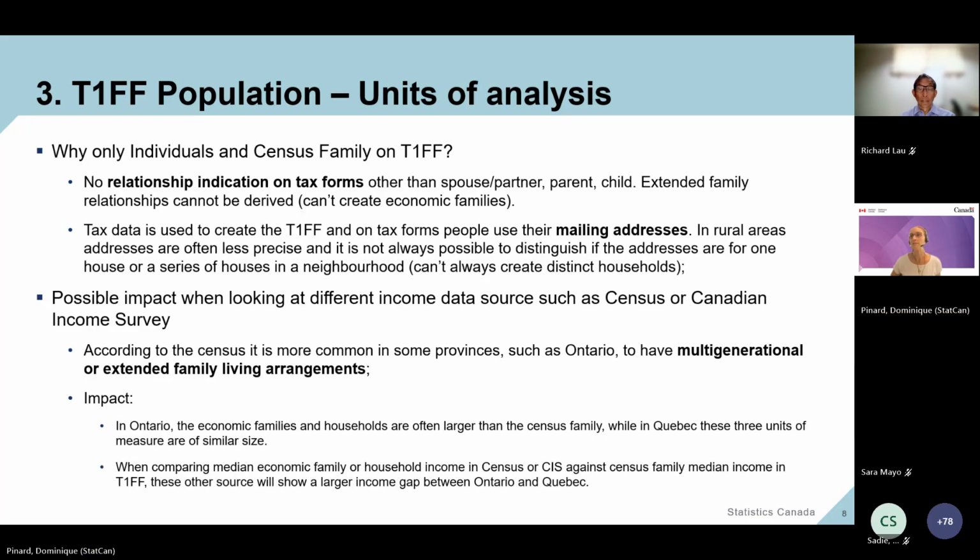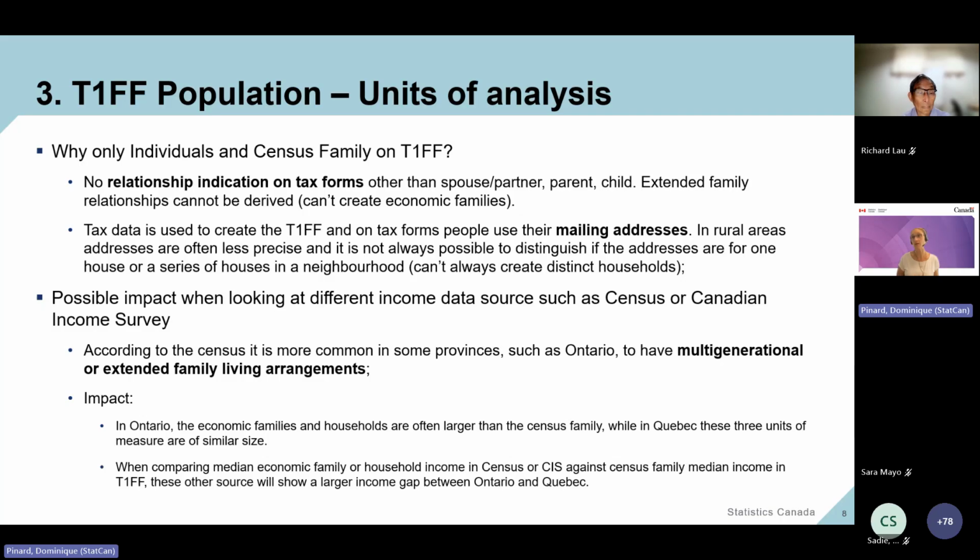The impact of comparing data at census family level to data at household level will vary by province. In this slide, you have an example that compares Ontario and Quebec. People living in Ontario are more likely to be in a multi-generational household, based on the 2021 census, than in Quebec.